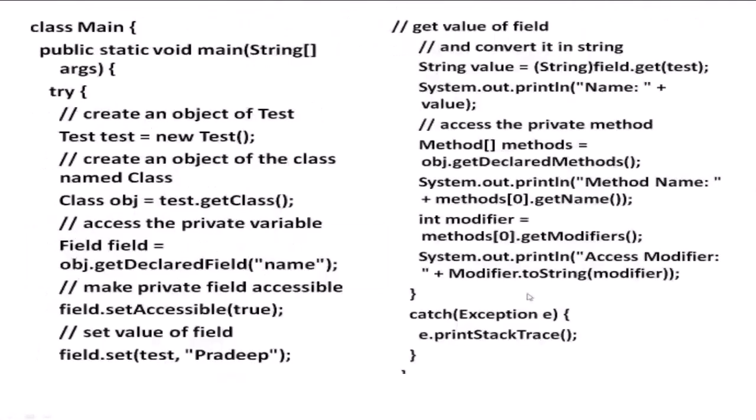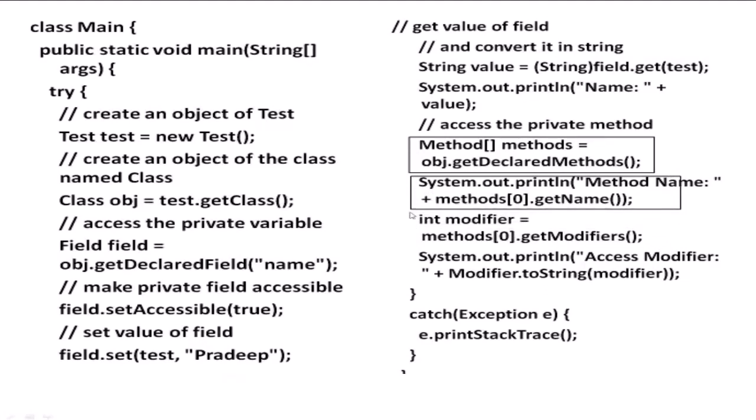So next, here again we are going to create an array. Methods array, object.getDeclaredMethods. Now we get System.out.println of methods[0], where 0 is the starting position, getName. So it is going to get the name.